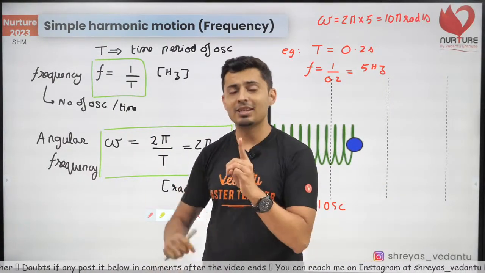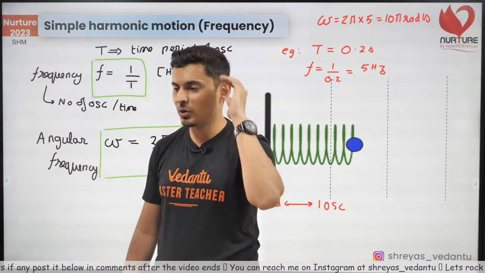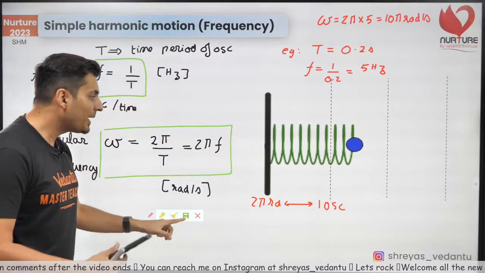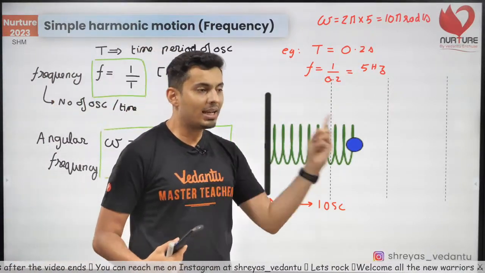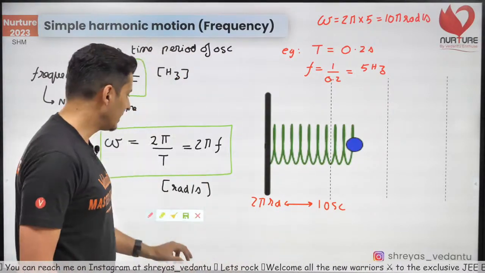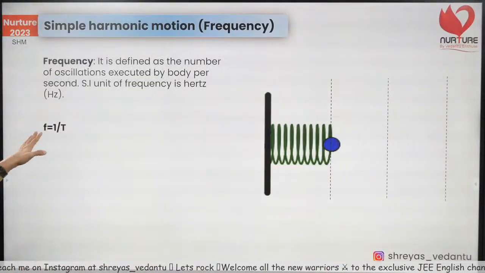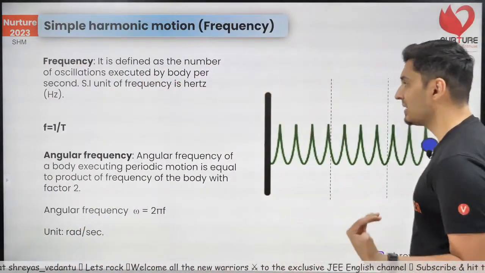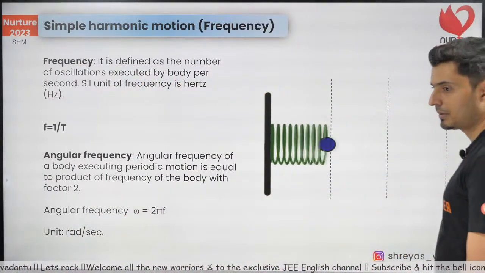So 2 oscillations in 1 second. That's all. Are you getting the feel of this omega? So omega gives you how quickly the oscillations are being covered per unit time. That's all. So omega is 2 pi f or 2 pi by T. Frequency is 1 by time period.